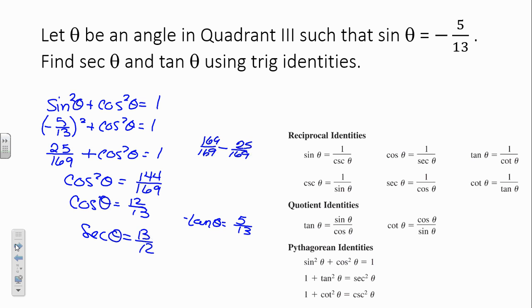Negative 5 13ths over 12/13, right? Negative 5 twelfths. Okay? Multiple ways you can do these problems. They specifically said trig identities, so we use trig identities. Okay?